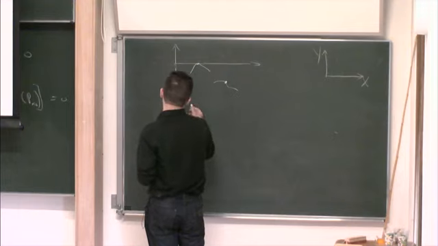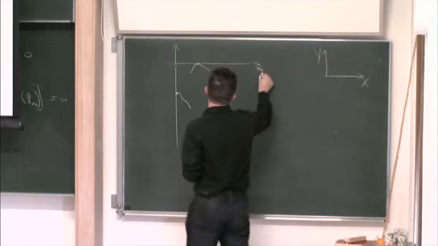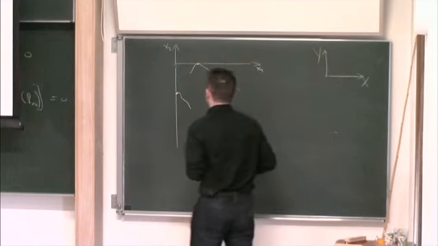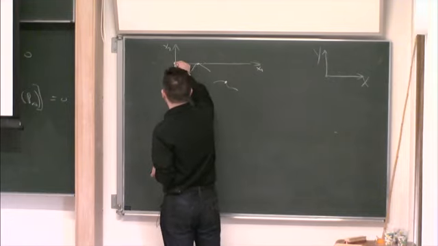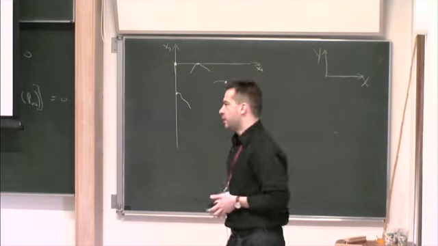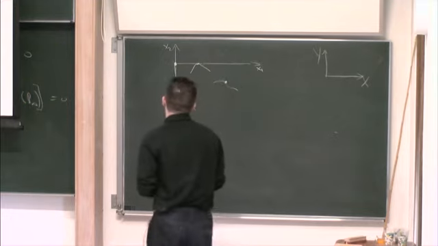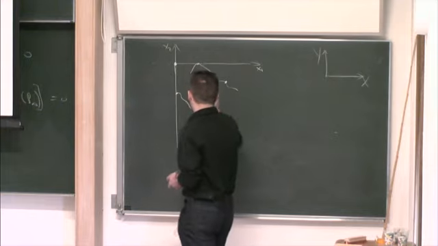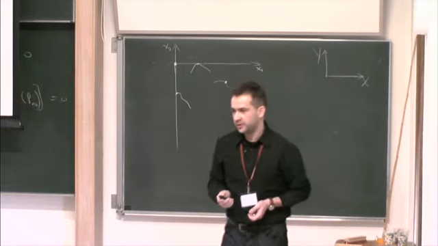And then there could be something where x1 is 0 but x2 is not 0. And then the origin where both coordinates are 0. And then maybe the scaling behavior is different depending on the point we are at.